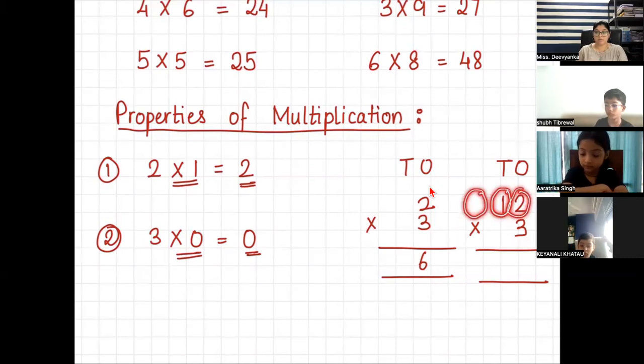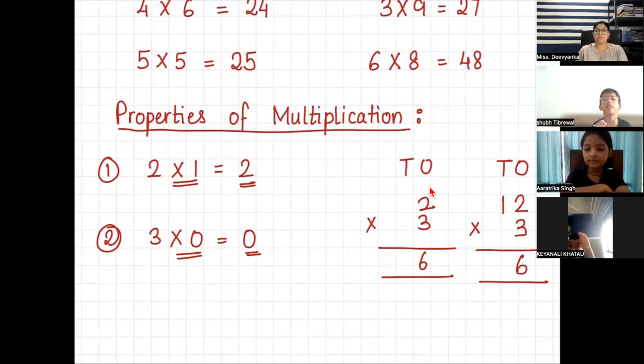Understood? Okay. Now the first part is 3 multiplied by 2. What is 3 multiplied by 2? 6. So I write 6. And the next thing that I'm going to do is this part, 3 ones. What is 3 ones are? 3.